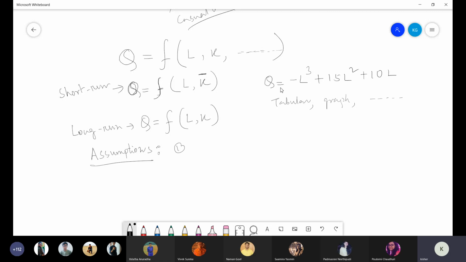Otherwise, your value may change. We are not considering that value of labor or value of capital is zero. We are considering only that it is at a certain level. During the time of discussion, input price is not changing, it is constant.